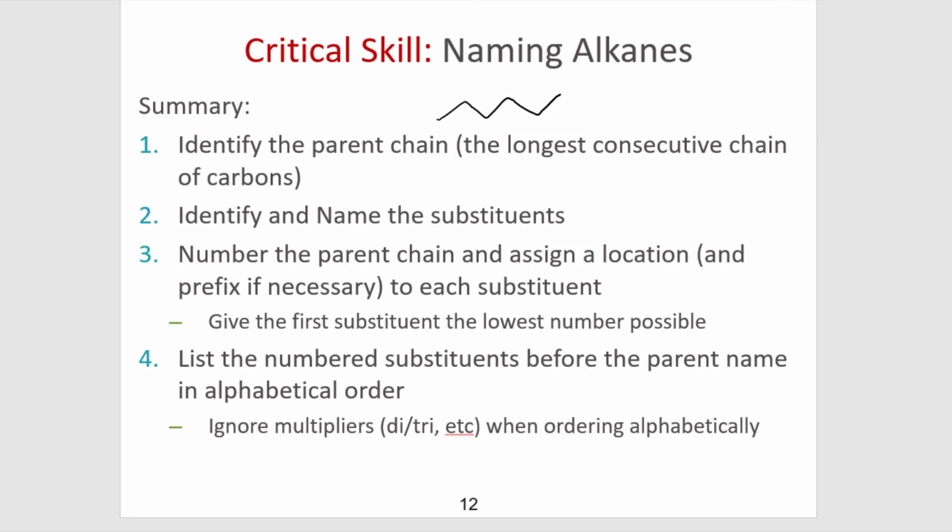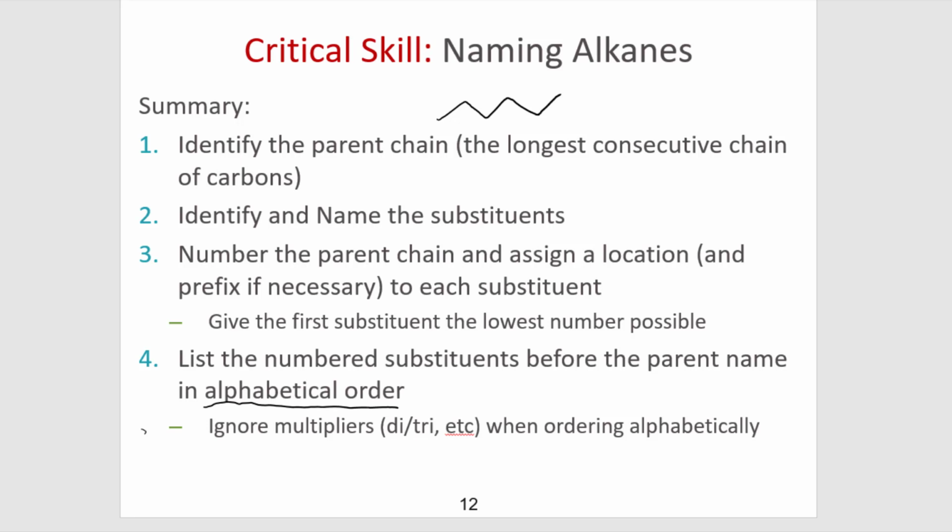Then once you've identified it, you name it with its correct prefix. You number your parent chain, assigning the lowest numbers to the locations of the substituents. Then you name your substituents where they're located on the parent chain, and list those numbered substituents in alphabetical order.